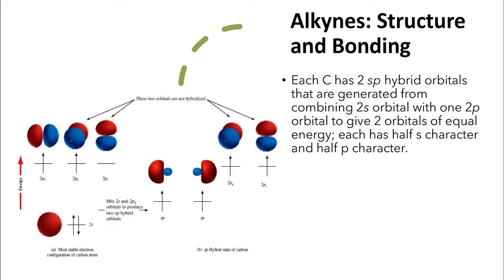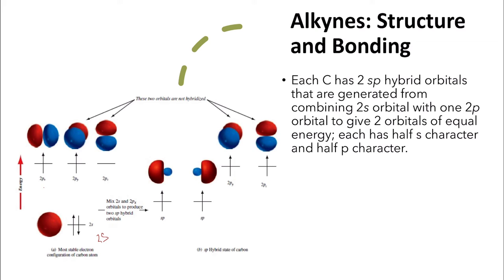So quickly, let's look at the hybridization state and the structure and bonding in alkynes, which we have already covered before in hybridization, but let's do a quick recap. Again, the carbon has two electrons in the 2s orbital and two electrons in the p orbitals.